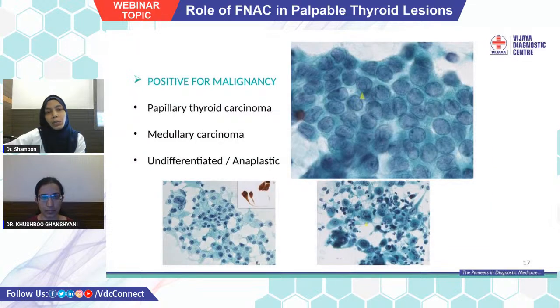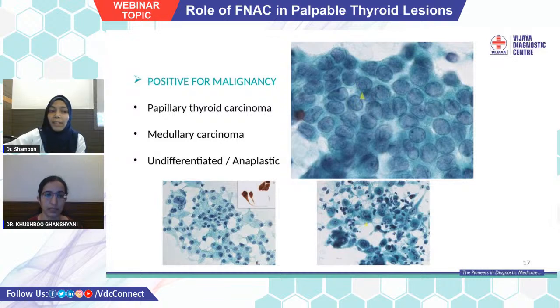Sixth category includes the malignancies of thyroid gland. The first image here is showing papillary carcinoma thyroid, where you can see an intranuclear cytoplasmic inclusion here. As we all know, the very famous name given to these nuclei is Orphan Annie-eye nuclei.